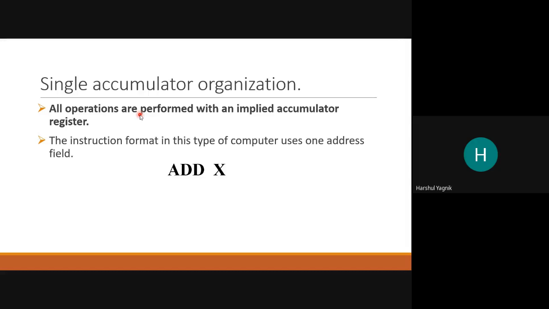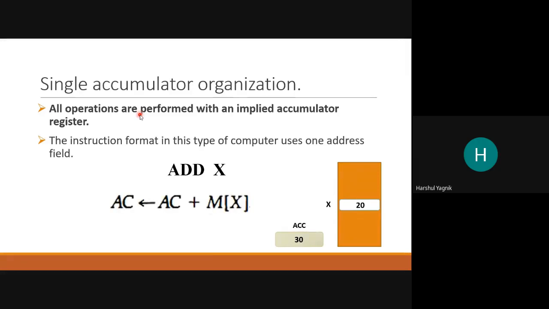So this kind of instruction is with reference to single accumulator organization. Let us see that in some memory location X, there is an operand 20. And the content of accumulator register is 30.